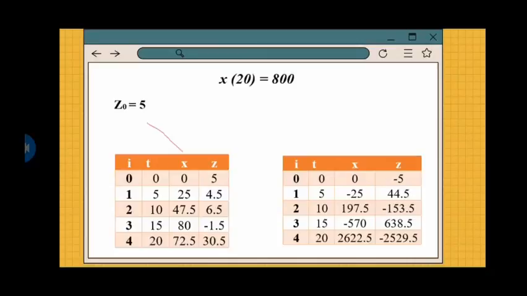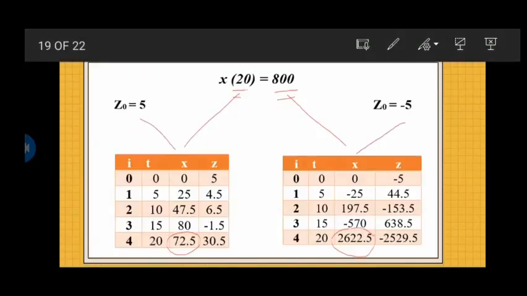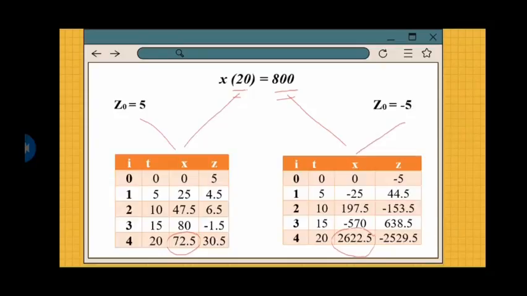So we need to proceed to the next calculation, where we use the second initial guess, where our z is equal to minus 5.